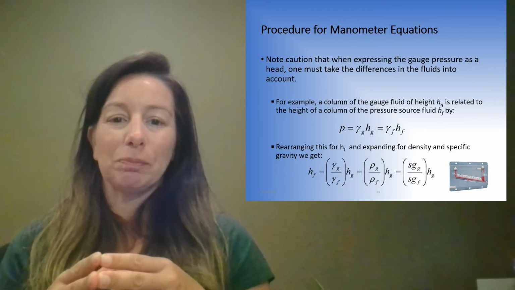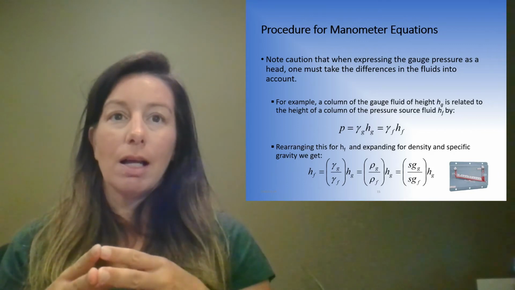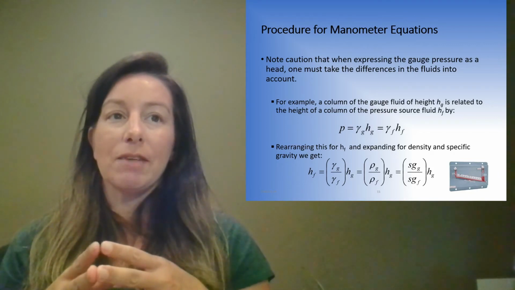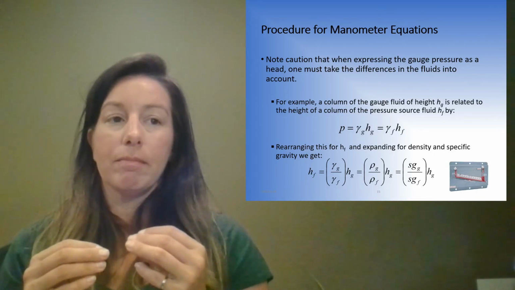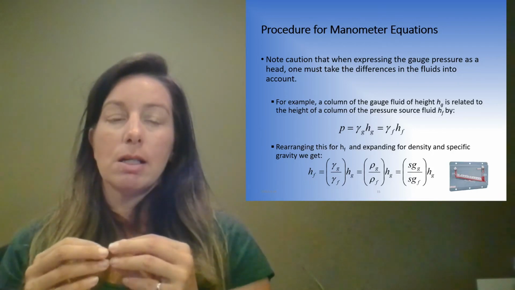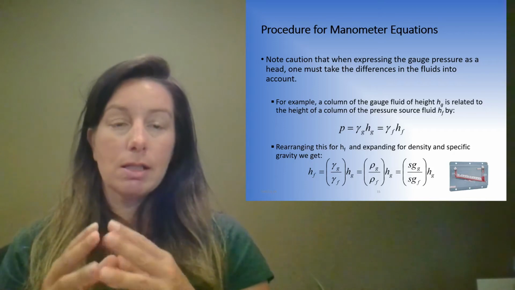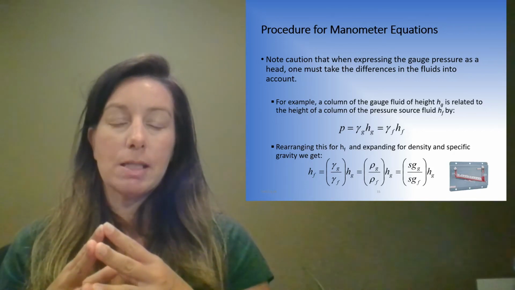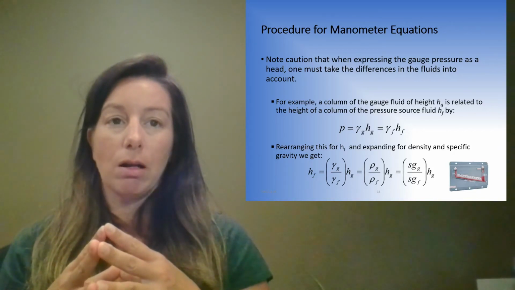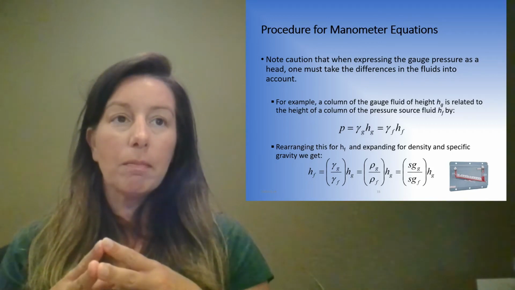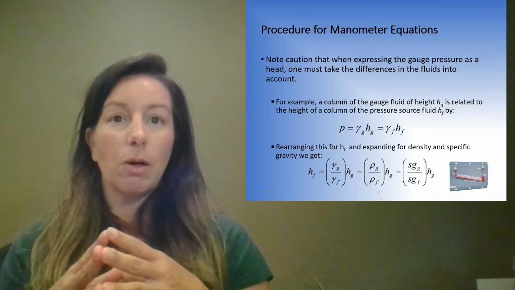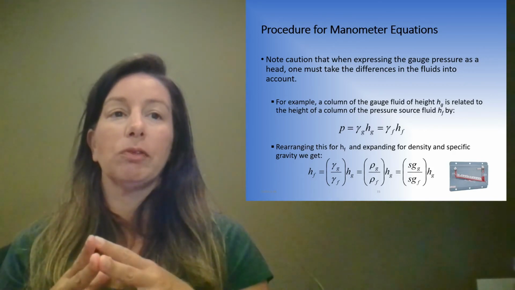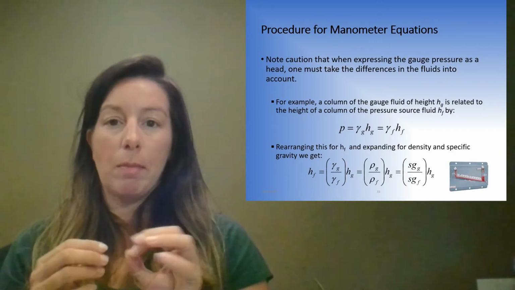One must take the differences in the fluids into account. That could be a difference in specific weight, or difference in temperature, because the specific weight and specific gravity are dependent on temperature, and on what elevation we're at.